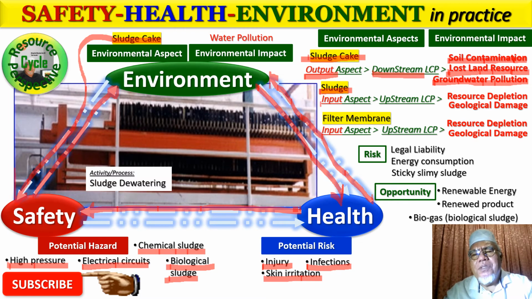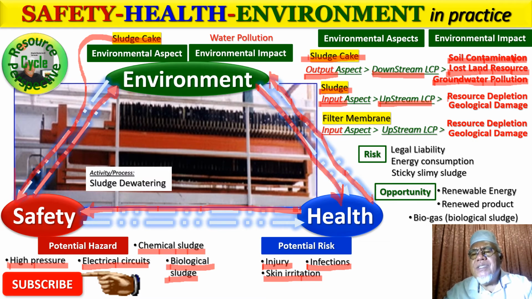So the input into this dewatering is sludge, and to determine its associated environmental impact, we look at the upstream of sludge. Since it is input, we'll look at the upstream of its life cycle. It comes from raw material. It comes from material.